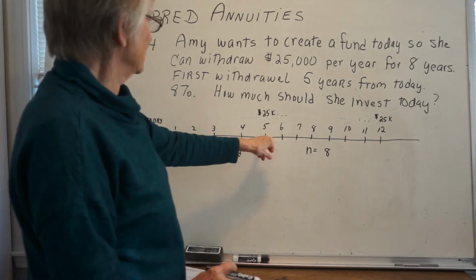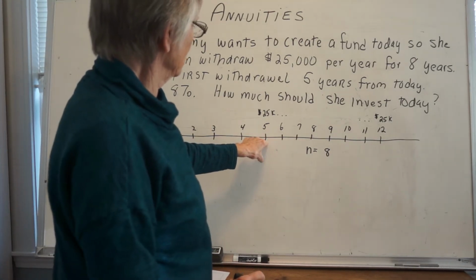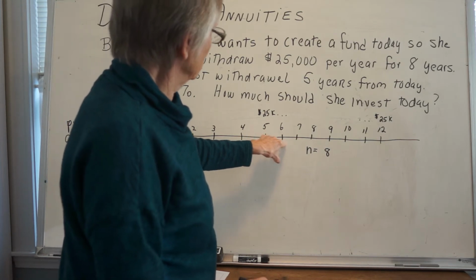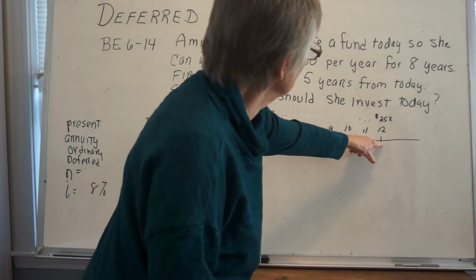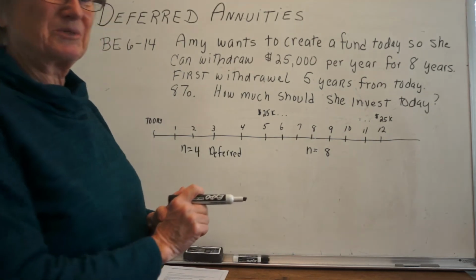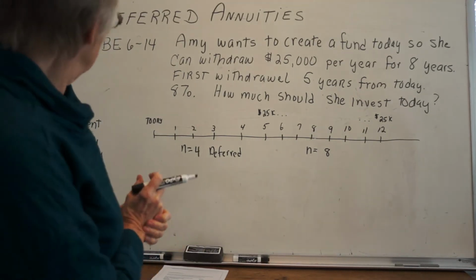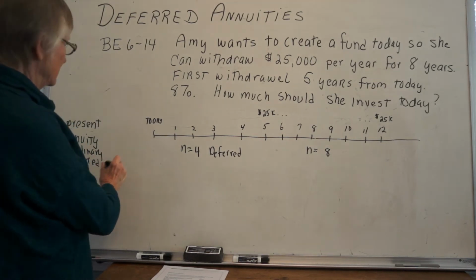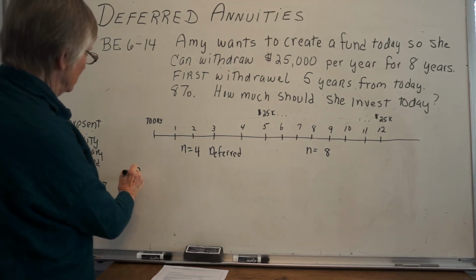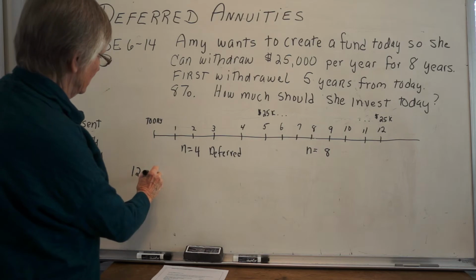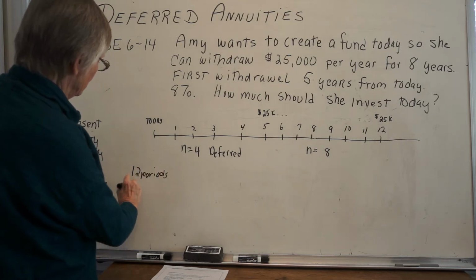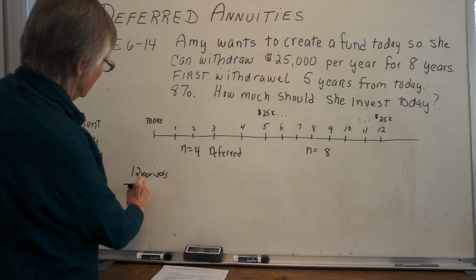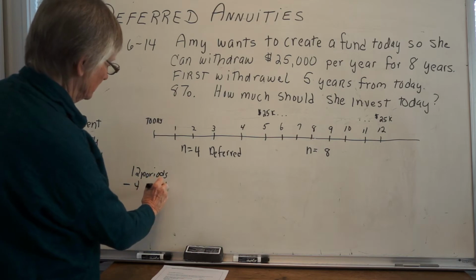When I did this, I started with 5 and did the dots first: 1, 2, 3, 4, 5, 6, 7, 8 payments, and that gets us up to 12. It works for me. So the total N is 12, there are 12 periods altogether, but minus 4 periods that are deferred.